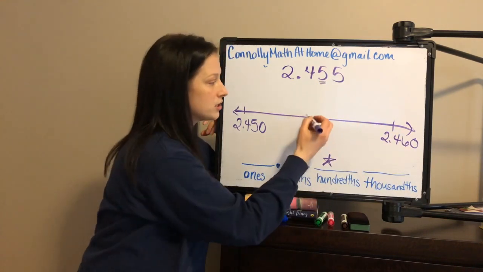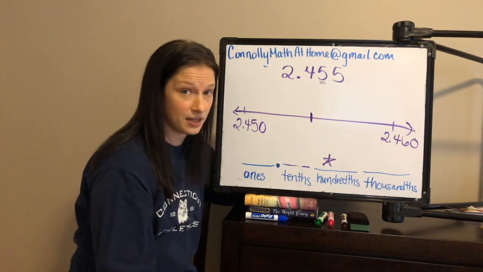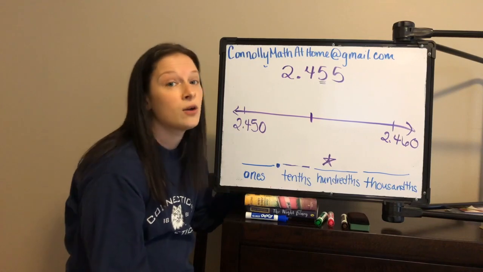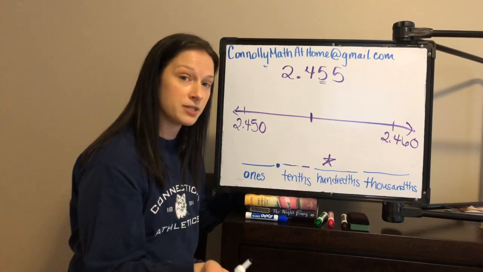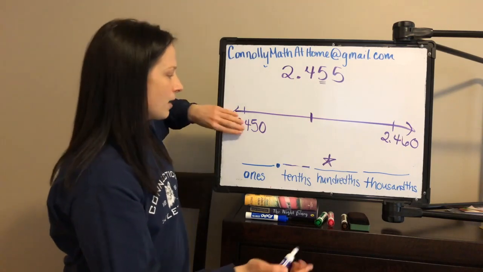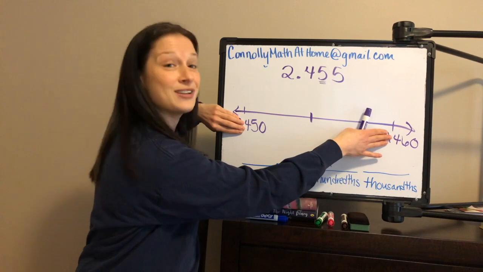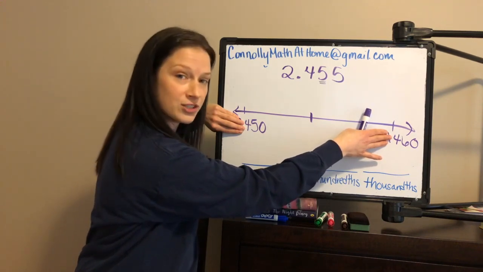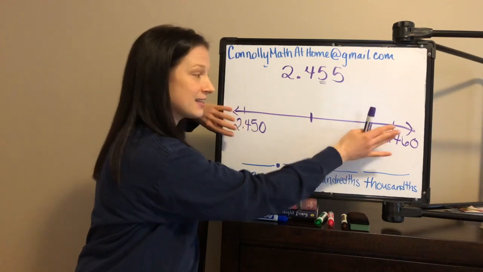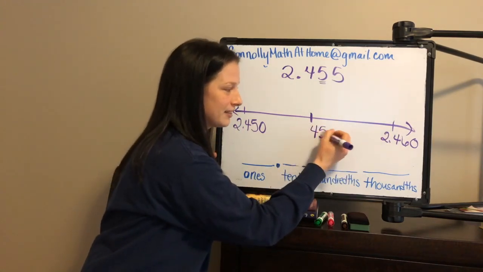All right, so just like always, we're going to go right in the middle and think about what's halfway in between. When I do this in my head, I like to think about whole numbers because whole numbers help us solve with decimals. So I'm going to think about what is halfway between 450 and 460. And you know, it's 455.